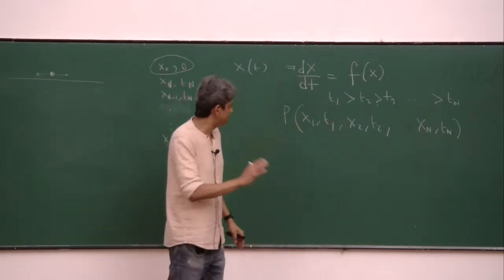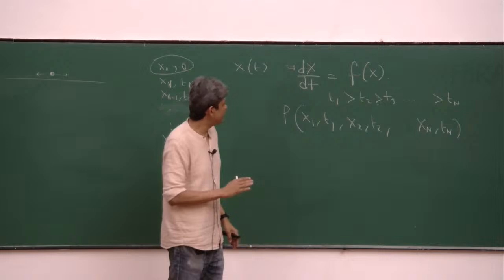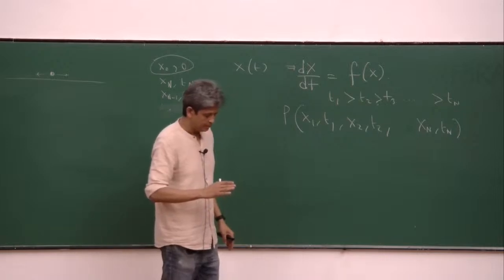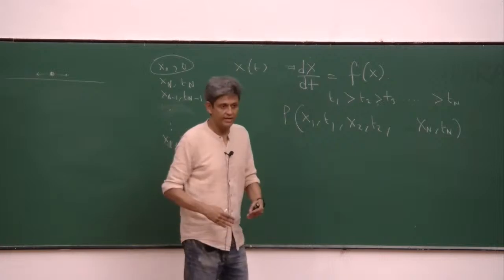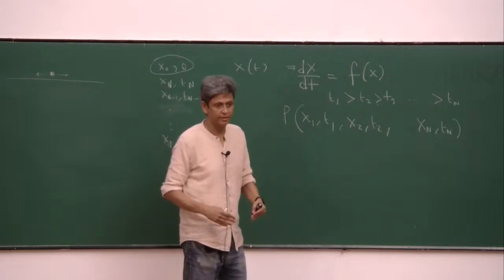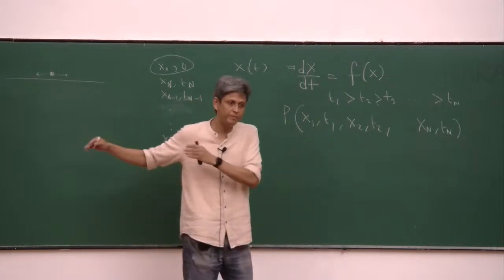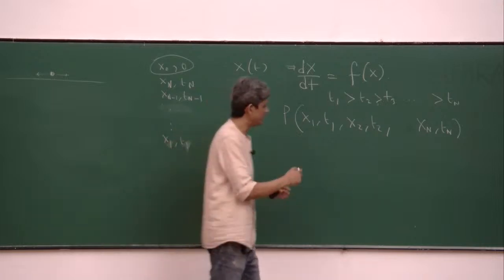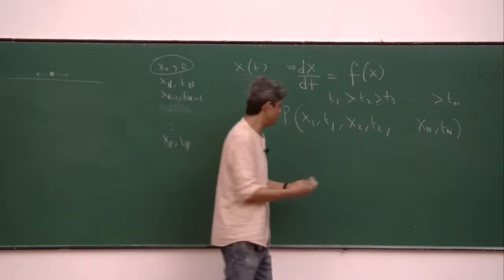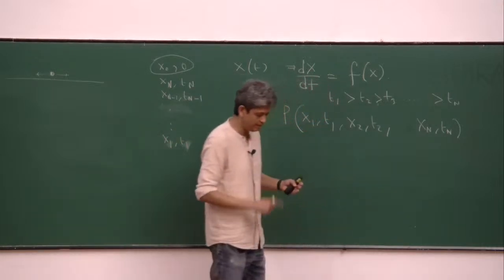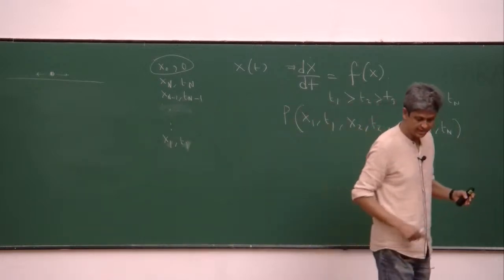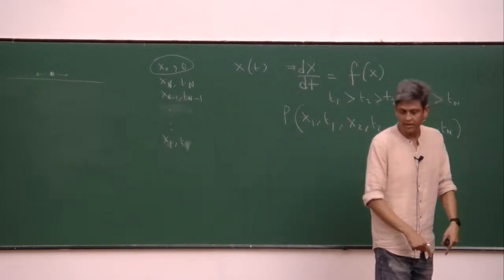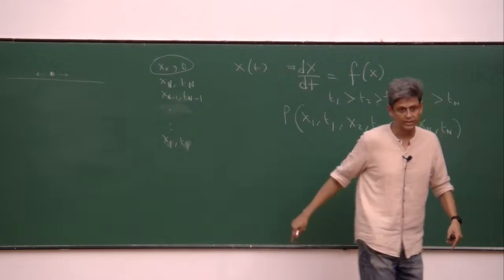So one simplification is, you say that it depends only on whatever is the position at the current time. It does not depend on the history, and that is known as the Markov assumption. So typically for a Markov process, my step coming over here only depends on where I was in the previous step.